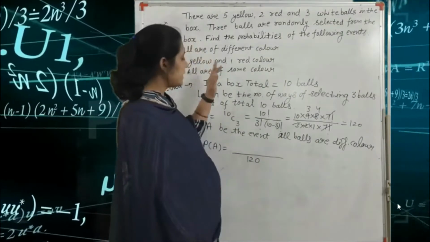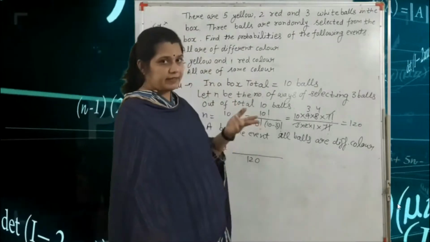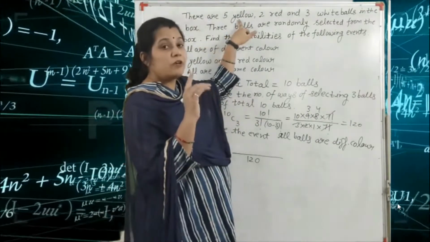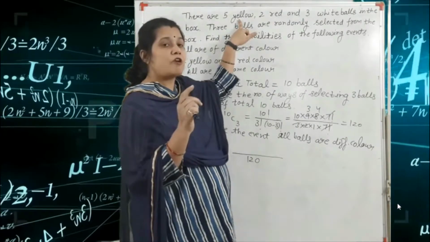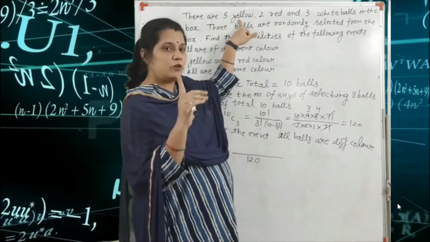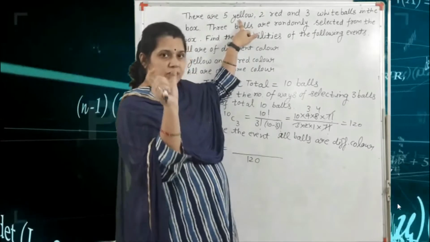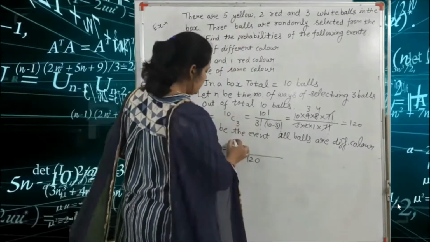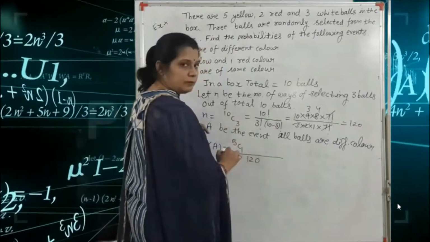We find all balls are of different color. First, one ball is yellow. What is the probability of getting one yellow ball? So 5C1, because our total yellow balls are 5 and we select one yellow ball.